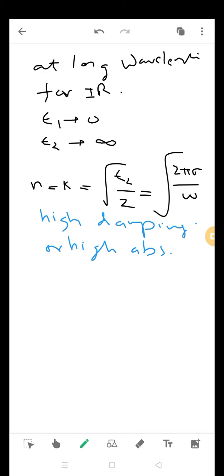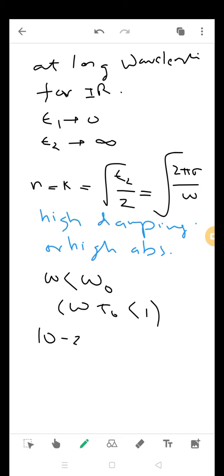And in this case, omega is less than the Lorentz-Sommerfeld frequency, and omega tau 0 is also less than 1. So this condition is satisfied. Now typical metals have wavelengths in the region of 10 to 20 micrometers; this is the spectral range.